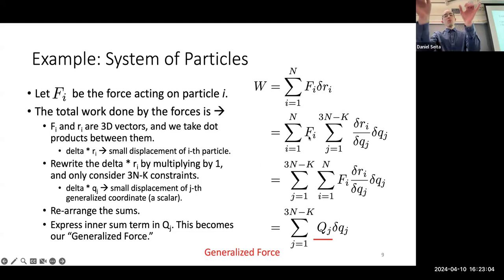And when you have a sum with a finite number of terms, you can rearrange the sum so that the sum over j goes first. And then this is just rewriting this as the sum of i equals 1 to n of Fi, a 3D vector, with a dot product of delta Ri, a 3D vector, with delta Qj here, which is a scalar.